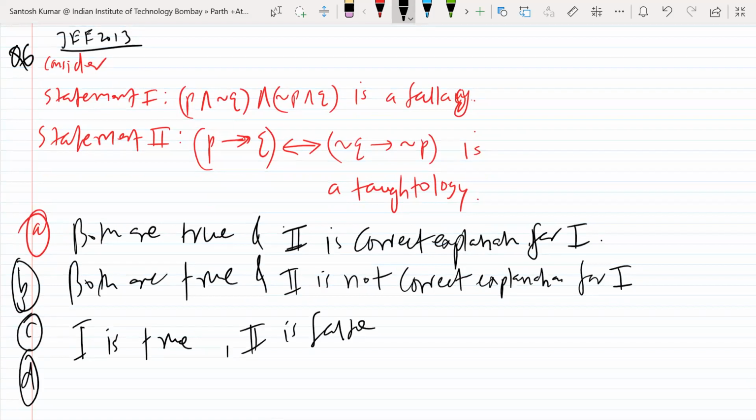And the last option is: 1 is false, 2 is true.